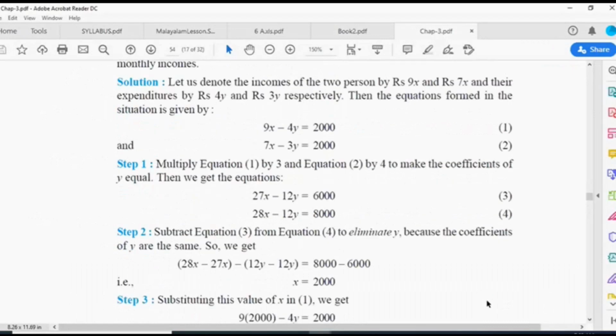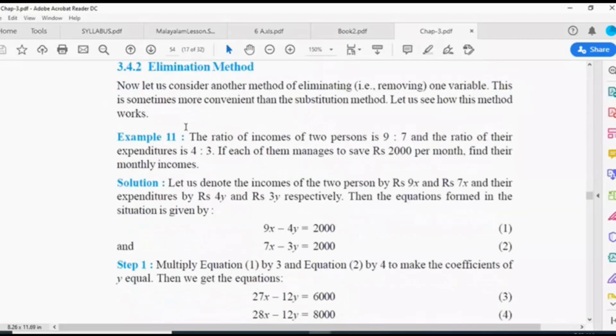This problem is already solved in the textbook. I will just read it, and we will see how the equations come. Example 11. The incomes of two persons are in the ratio 9:7, and the ratio of their expenditures is 4:3.